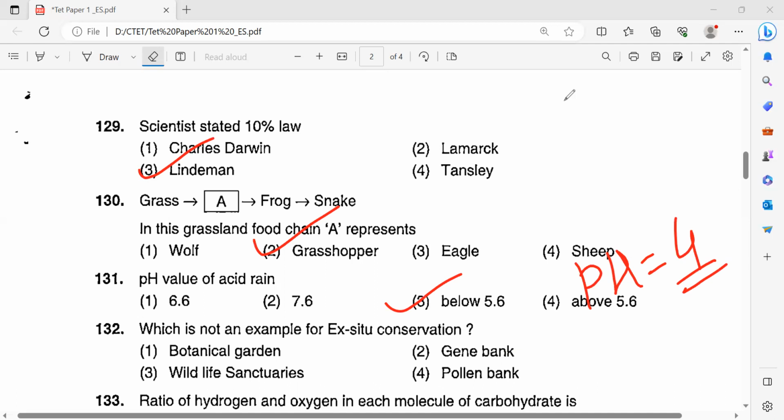Conservation means protecting the organism. Ex situ means externally, outside their own habitat, whereas in situ is in the habitat itself.